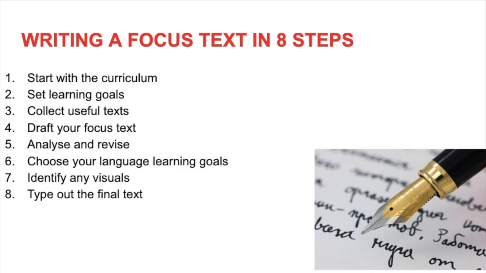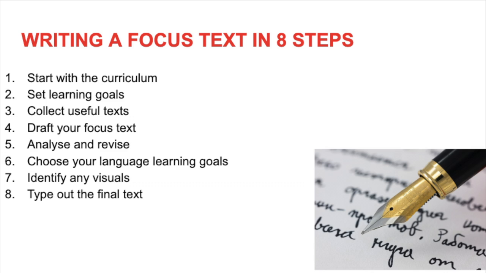So writing the focused text in 8 steps. We start with the curriculum first. So like I said, we're looking at science, and then we start to set learning goals for that actual text. We draft our focus text, and we also analyse and revise.